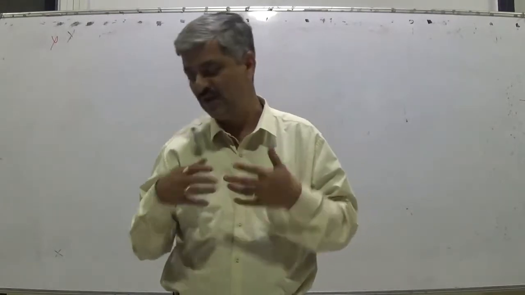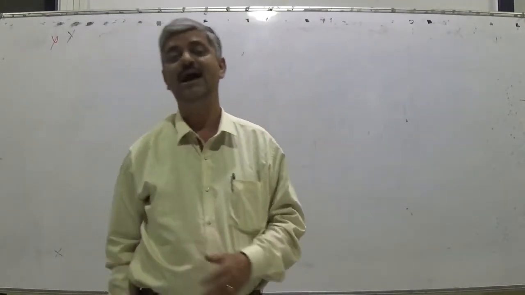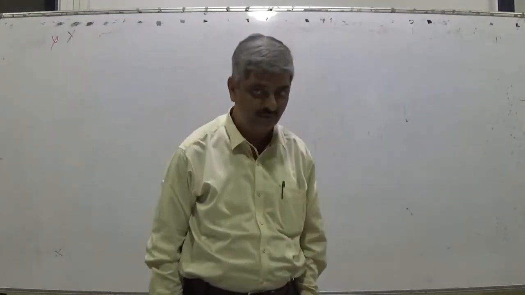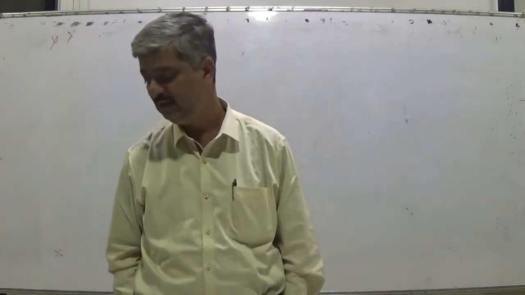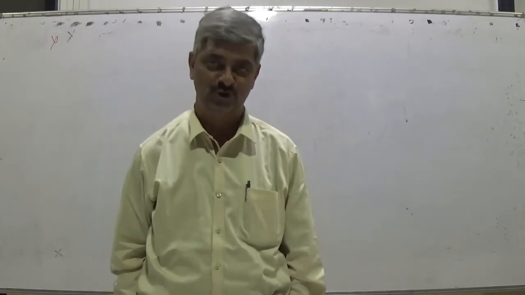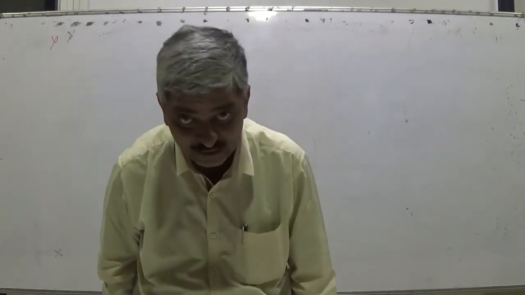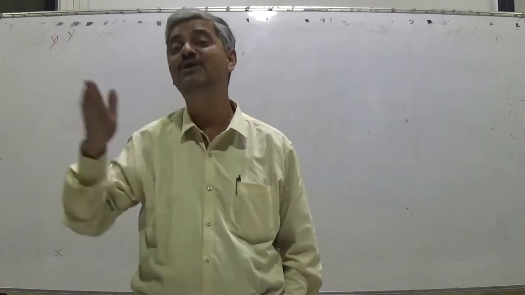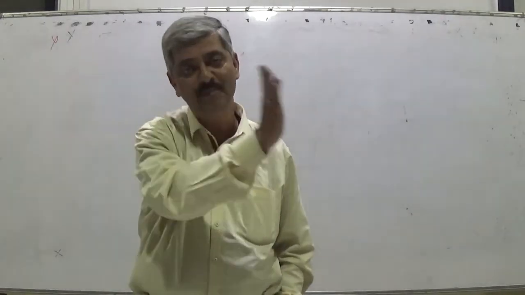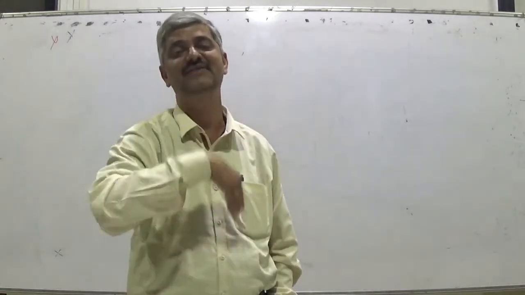If you have gone through Fourier analysis, what is a square wave? A square wave is a sum of multiple sinusoids. So if I apply a square wave, multiple sinusoids will pass through the filter with multiple gains, and what we obtain is something other than a square wave.